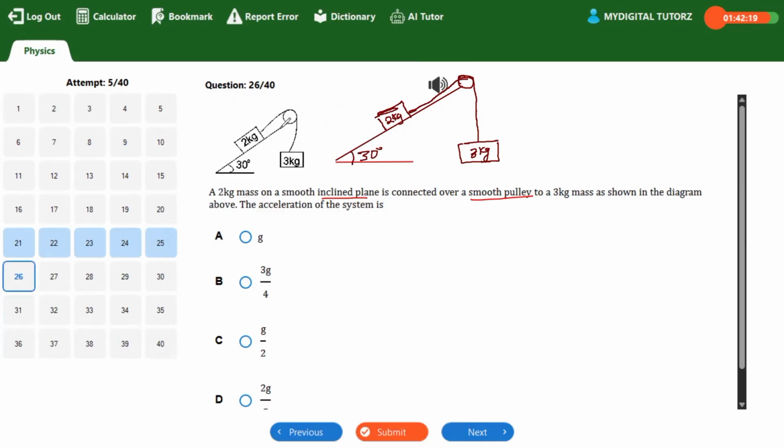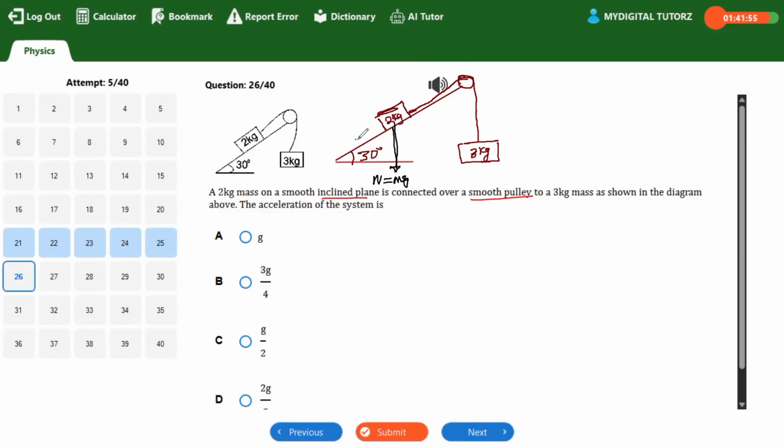I have done a particular video that explicitly explains what I'm going to do here now. So when this happens, we all know that the weight of the body is acting downward. So the weight, W, is equal to mg.